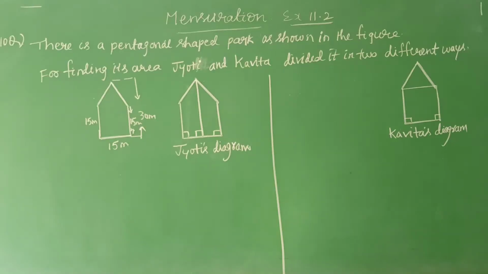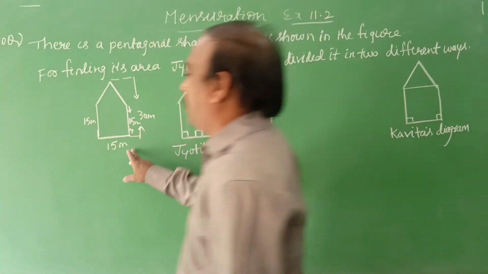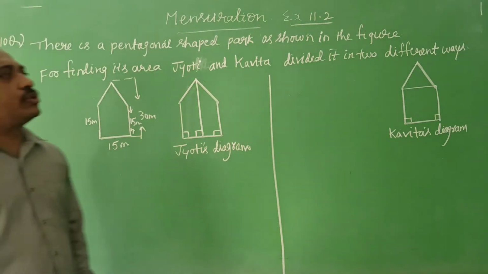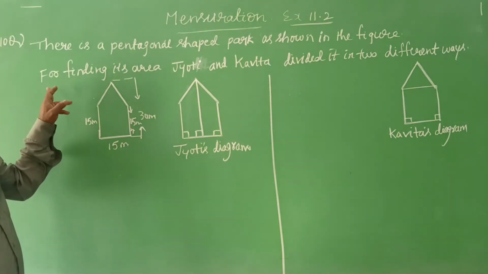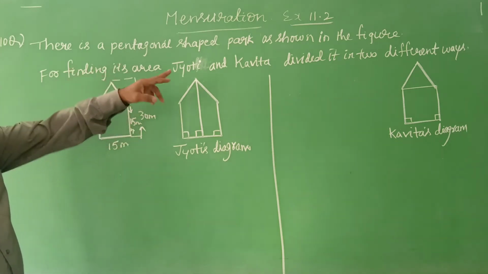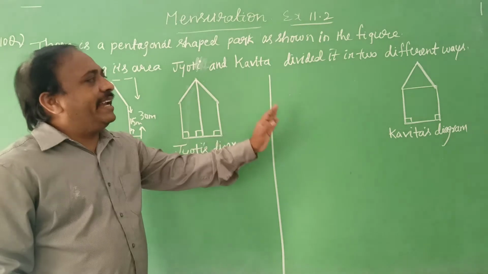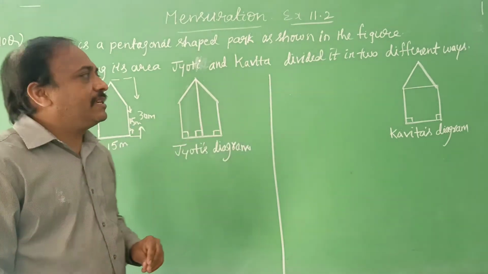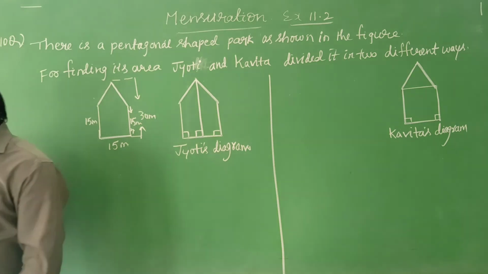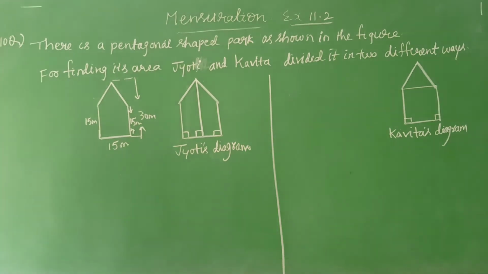Now here we have question number 10. There is a pentagonal shaped park as shown in the figure. So this is a pentagonal park, which is a 5-sided closed figure. As shown in the figure, to find this area, Jyoti and Kavita divided it in two different ways.